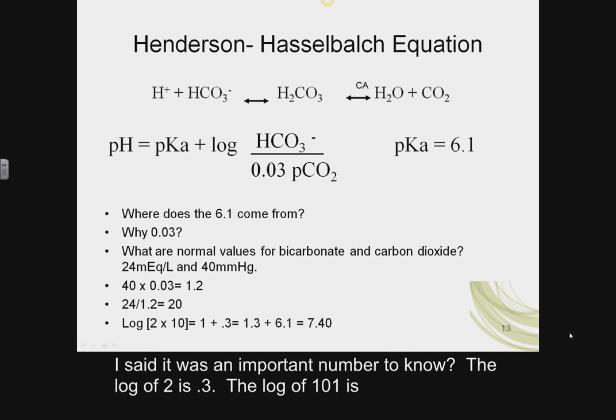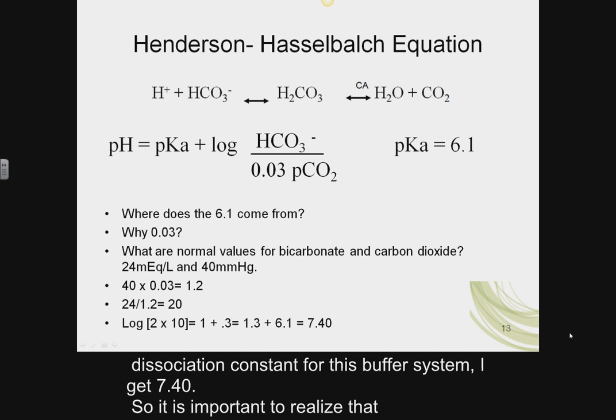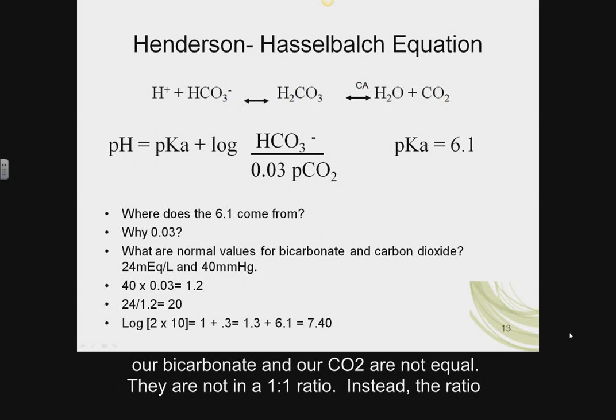The log of 10 to the 1 is simply 1. So the log of 20 is 1.3. If I take my 1.3 and add it to my 6.1 pKa, my dissociation constant for this buffer system, I get 7.40. It is important to realize that our bicarbonate and our CO2 are not equal.